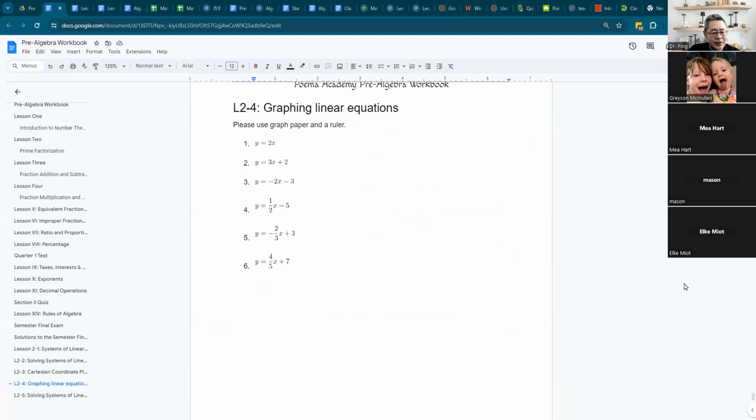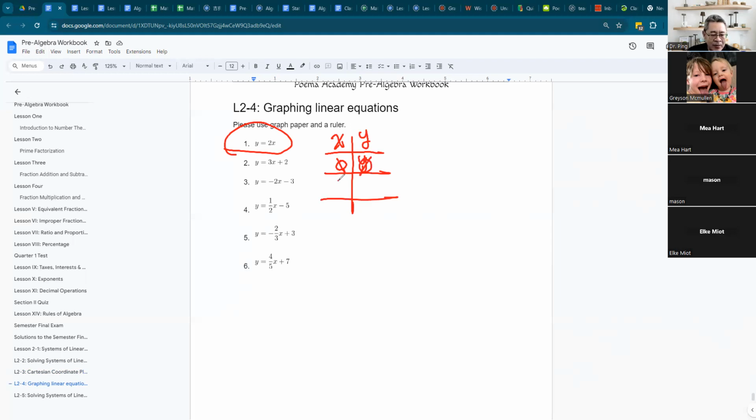Graphing linear equations, it's actually pretty simple. We just need 2 points. And the 2 points are really up to us how to make them. For example, for this one, if x is 0, we know y is 0.